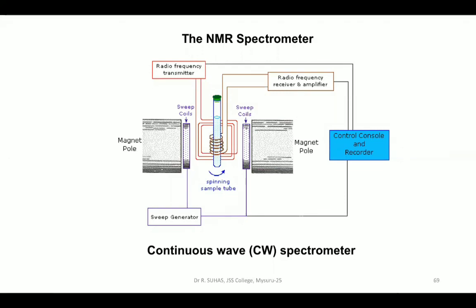After spin flipping, two important processes take place: saturation and relaxation. After the relaxation, the molecules show different kinds of protons in the form of an NMR spectrum, which is controlled and recorded in the monitor. In the monitor, you can see the NMR spectrum, which is the plot of chemical shift on the x-axis and relative intensity on the y-axis. This is the typical diagram of the NMR spectrometer.